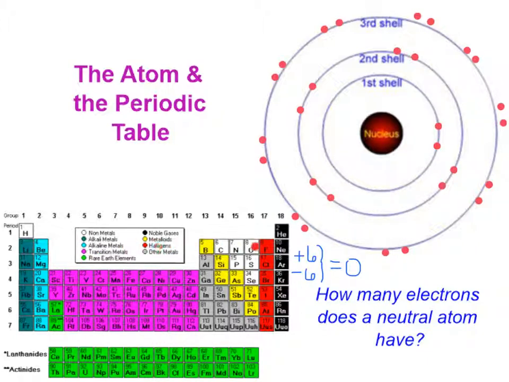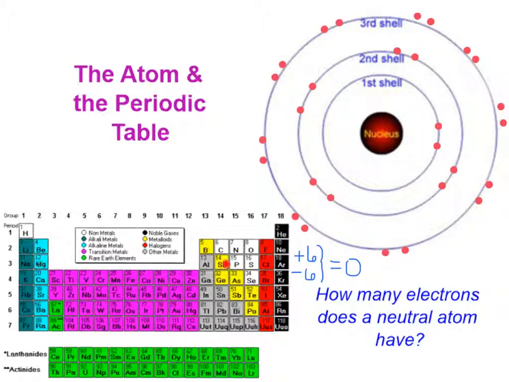Here we have energy level number 2, and the maximum electrons that energy level 2 can hold is 1, 2, 3, 4, 5, 6, 7, 8. Only 8 electrons will fit in energy level number 2. It's kind of shown here on this diagram.